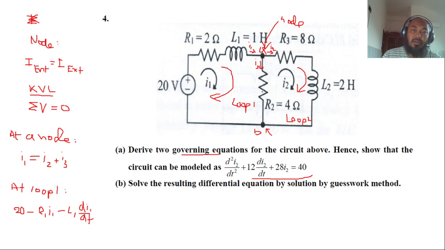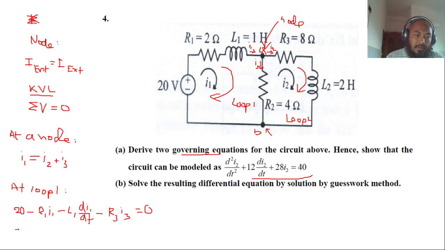Now this one is minus. So now we go down, so plus, minus, and there will be R2 multiplied with I3, equal to 0.